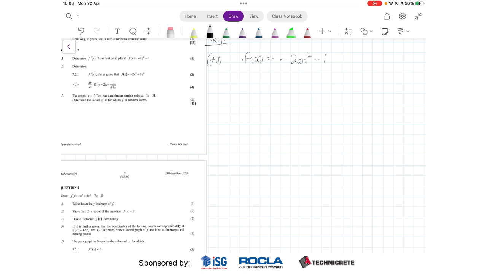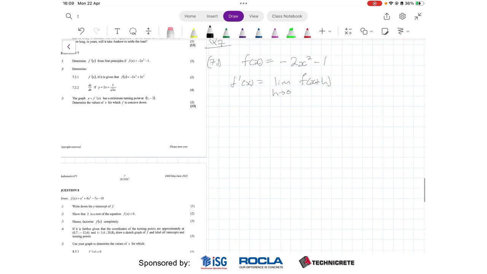You need to use the formula: f prime at x is equal to the limit as h tends to 0 of f at x plus h minus f at x, divided by h.